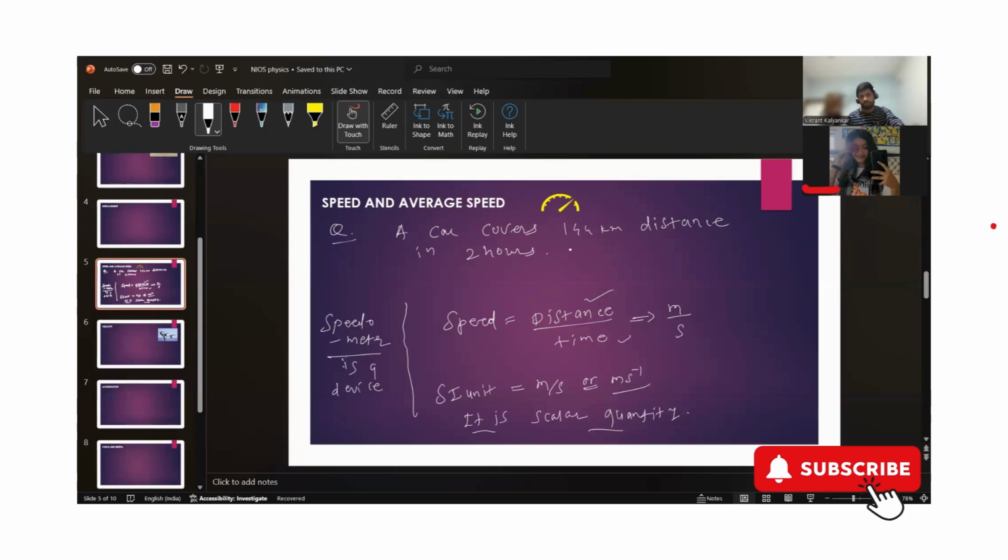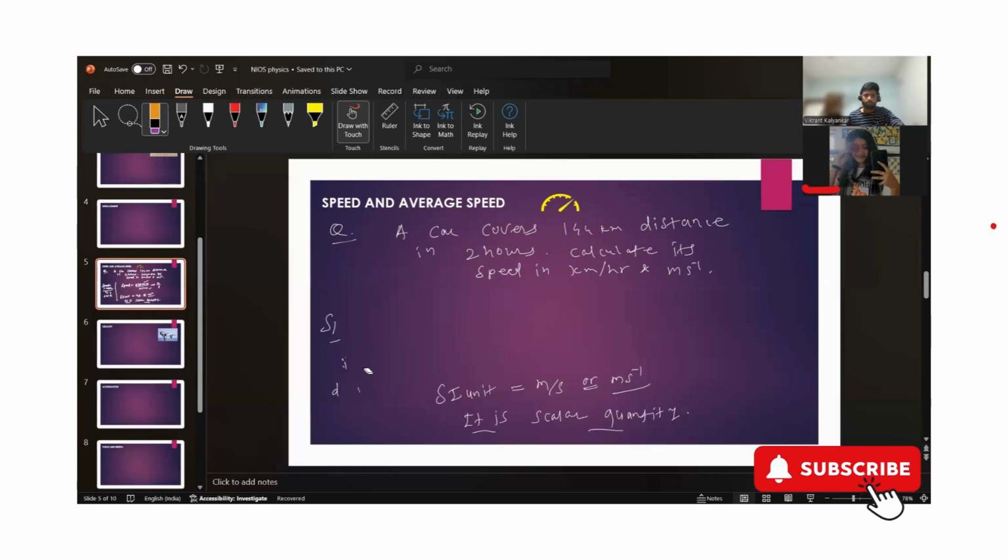Calculate its speed in kilometer per hour and meter per second.